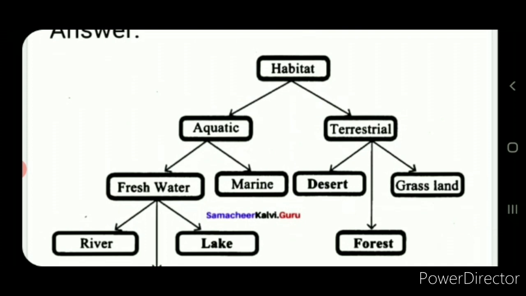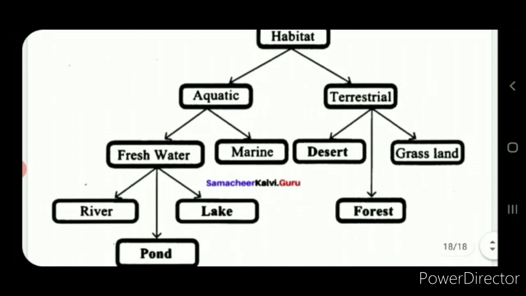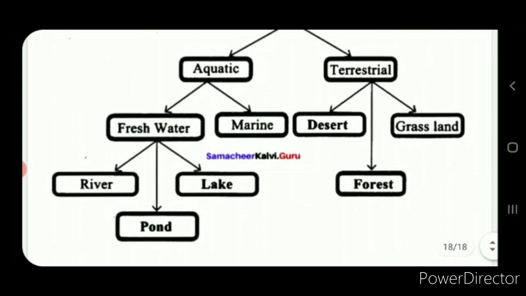You can do it as your second activity. Let me repeat this. The habitat is classified into aquatic and terrestrial. Aquatic is divided into freshwater and marine. Freshwater is divided into three: river, lake, pond, and you can include dam also. Marine, for example, seas and oceans. And terrestrial habitat: desert, forest and grassland.